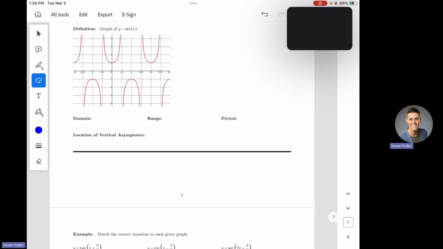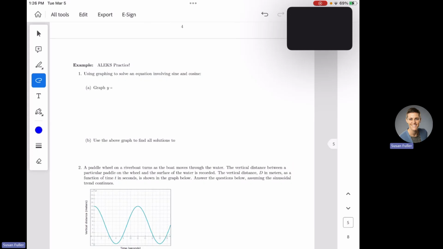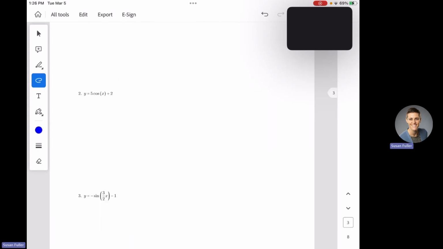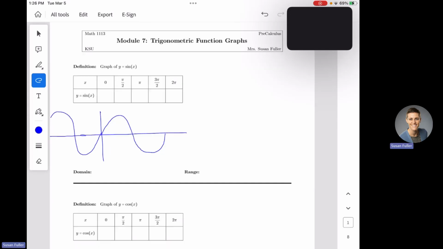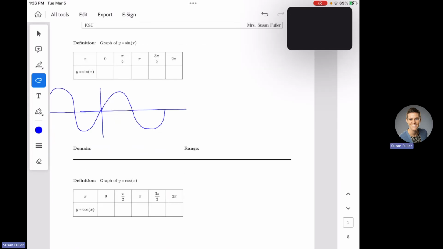So if we look at some of our functions here, let me go all the way back to the top. We have that the graph of sine of x looks like this, and it's going to continue on the other side like this. So this is what sine of x looks like. We graphed that earlier.